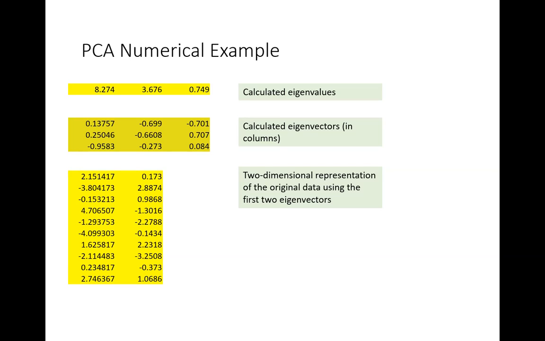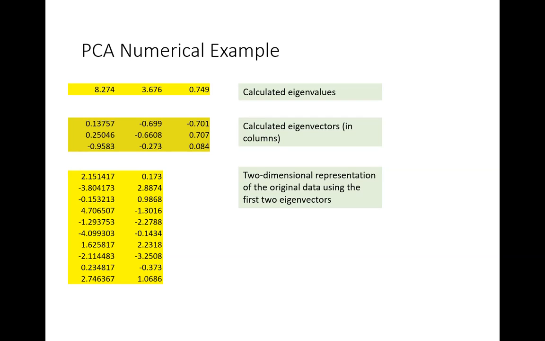Here I'm showing you the 2-dimensional mapping of the original data using 2 eigenvectors. The first point, when mapped from 3 dimensions to 2 dimensions, has a value of 2.15 and 0.173 and so on.